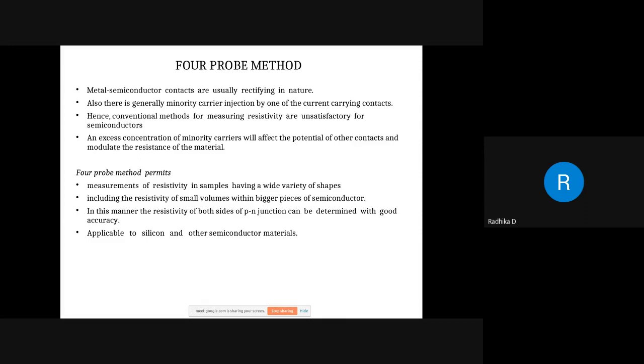Usually, if I use the typical way of measuring resistivity, with a connection with some metal, the minority charge carriers will create some problem.